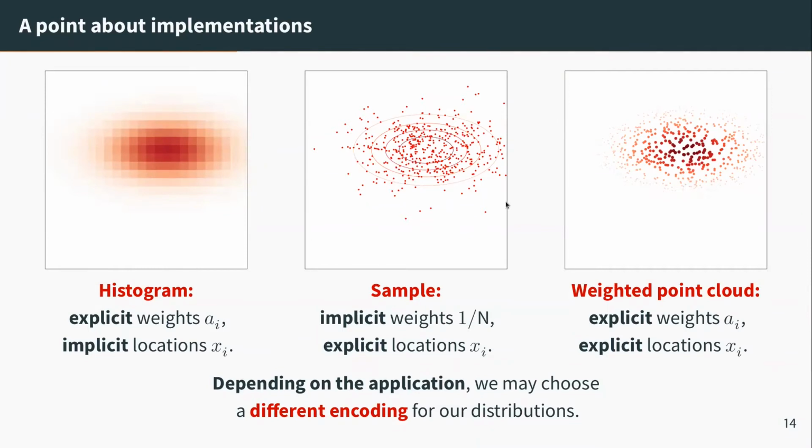So those different encodings mean that when you look at the algorithms in research papers, they seem very different to each other. You see that people use the same words. They talk about kernels, they talk about optimal transport, but they implement things that look very different.